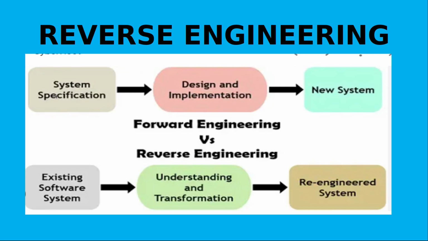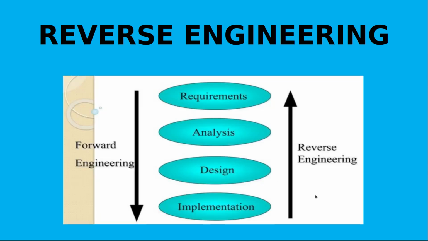After that we design the system and implement the system, and we get the new system. Then here, the existing software system: we take the existing software system, understanding and transformation, then the re-engineered system. So this is the same: forward engineering and reverse engineering are opposite to each other.